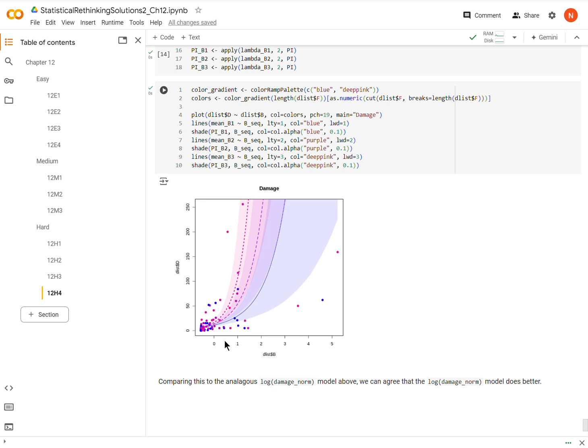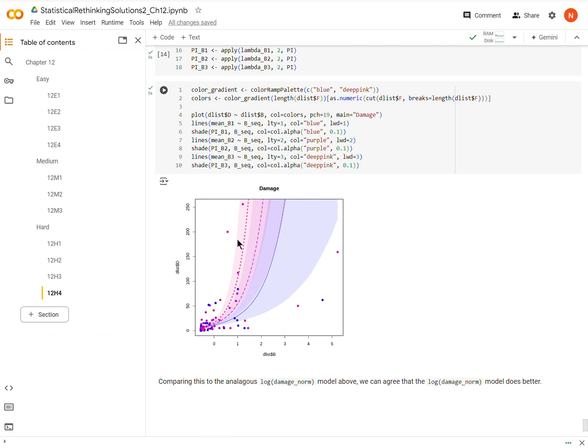This is the non-log damage norm, and you can see that it seems to be having quite a bit of trouble fitting the data. It also seems that it may be projecting really unrealistic death tolls. These values probably go up to infinity pretty quickly, much more quickly than we would want to be comfortable with.